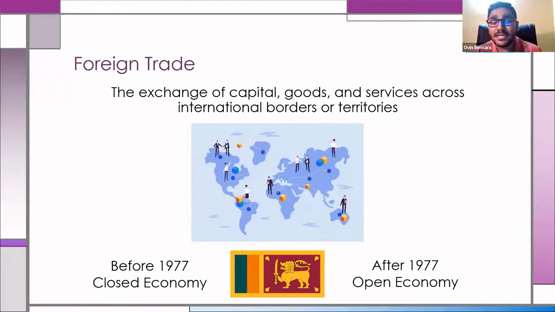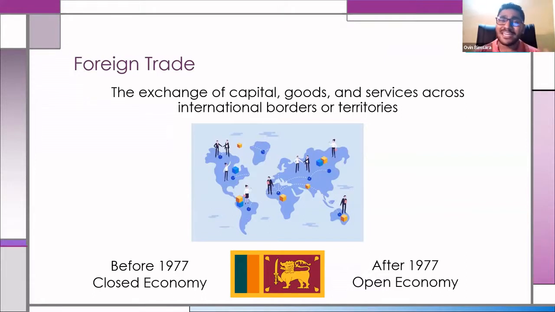So it can be a situation where Sri Lanka is importing motor vehicles from Japan, or importing chocolates from Switzerland, or exporting the finest tea in the world to Russia. In that situation, 2 countries or more are involved in a trade to exchange goods and services or capital irrespective of the international borders.